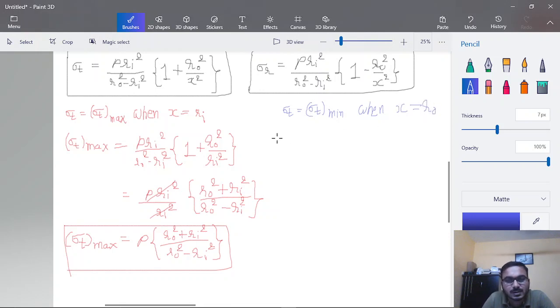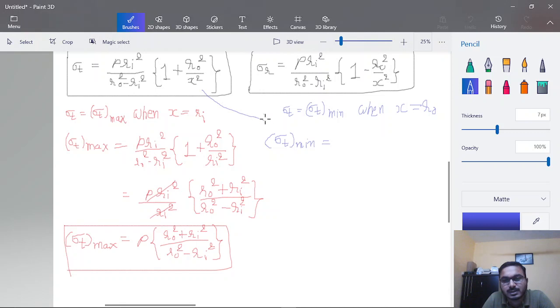So how will we see this? Sigma T minimum is equal to, here instead of x, now we will put Ro.